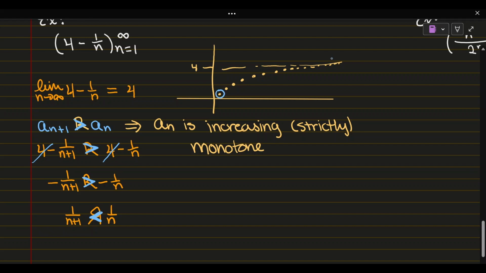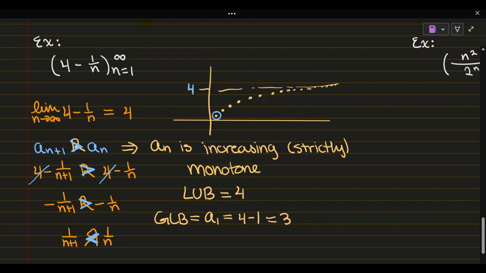And the largest the sequence can possibly get, it never quite gets there, but it gets arbitrarily close, is 4. So immediately I can read off that my least upper bound must have been 4. And my greatest lower bound must have been the first term in the sequence, so a_1, which in this case is 4 minus 1, so 3. So my least upper bound is 4, and my greatest lower bound is 3.